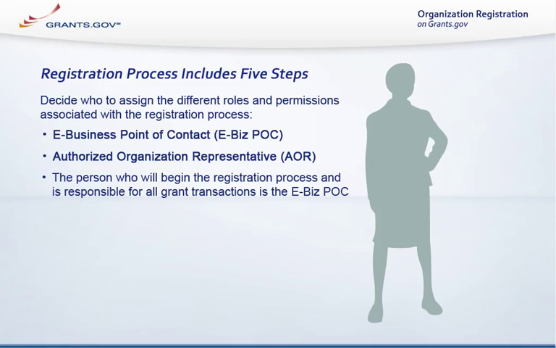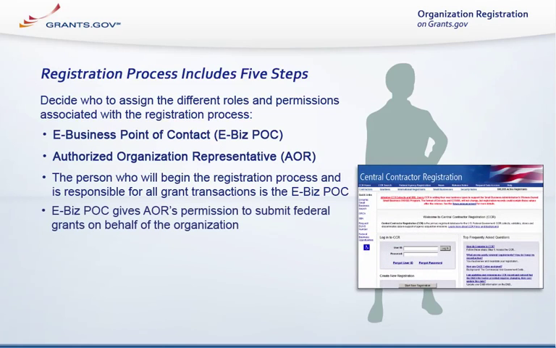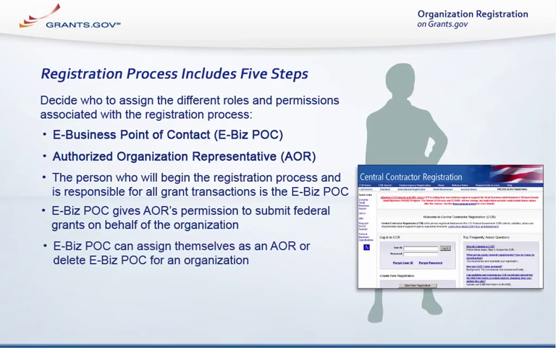The e-biz POC is established when you register with Central Contractor Registration. The e-biz POC gives other members of your organization, referred to as AORs, permission to submit grant applications on behalf of your organization. The e-biz POC can also assign themselves as an AOR and can delete AORs for the organization.